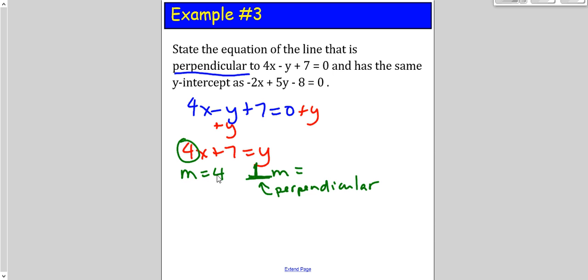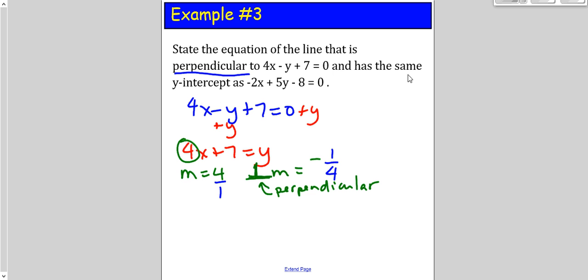Okay, so remember it was negative reciprocals. So if this is positive, then my perpendicular slope must be negative. And even though this isn't a fraction, we can say it's over 1. And so if I flip that, it becomes 1 over 4. So my perpendicular slope must be negative 1/4.